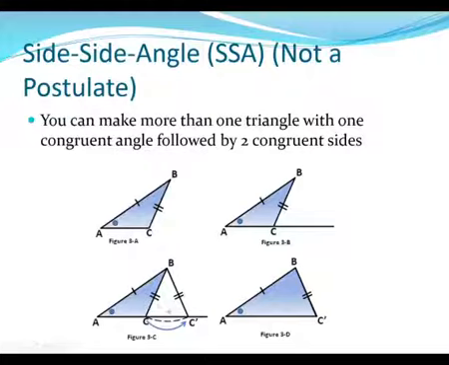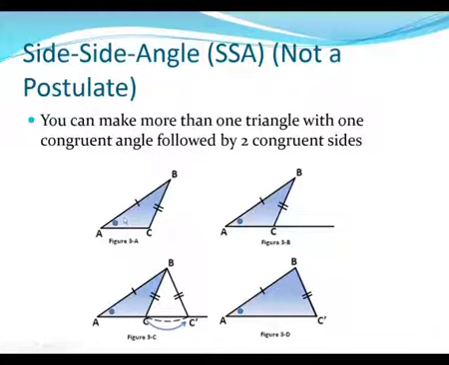So if I swing this side out and I change angle B, which is not one of the congruent angles, I can change the measure of angle B, and then I create a different triangle. So these two triangles are definitely not congruent.